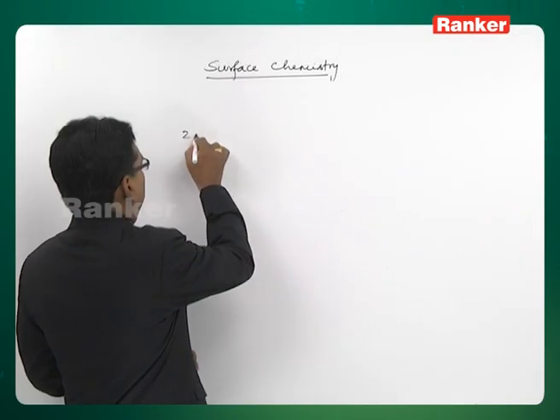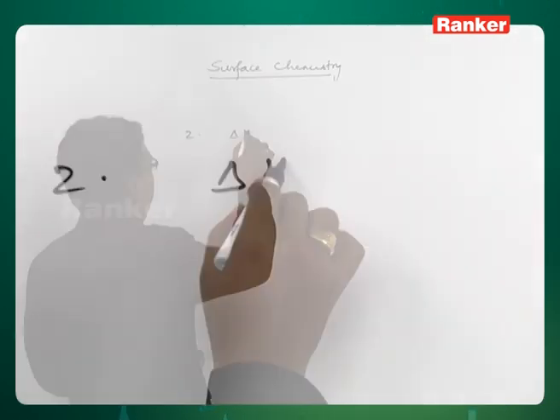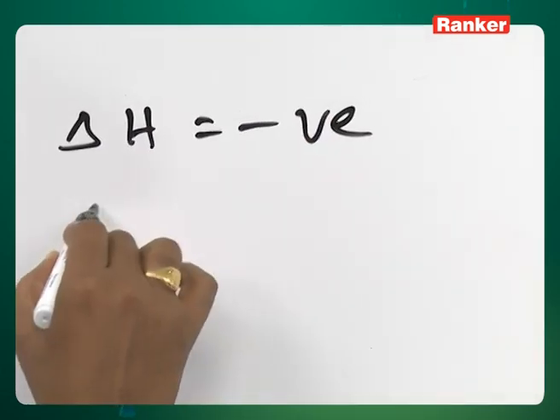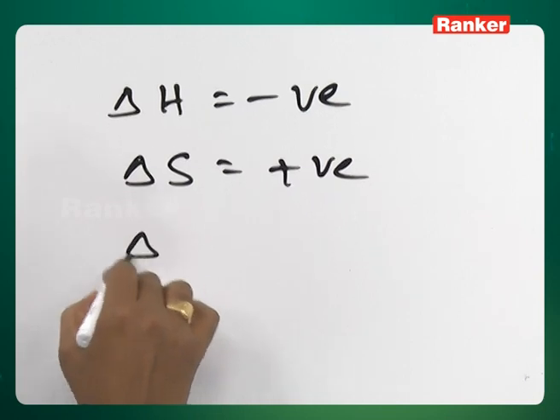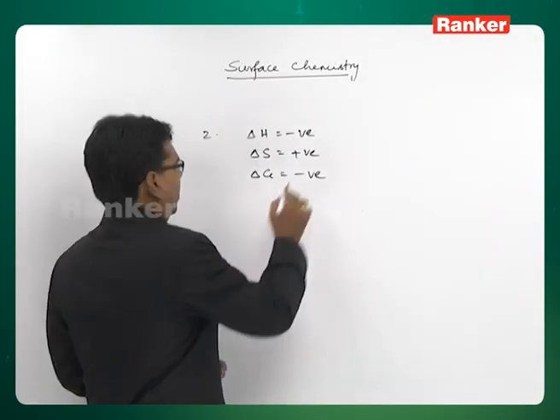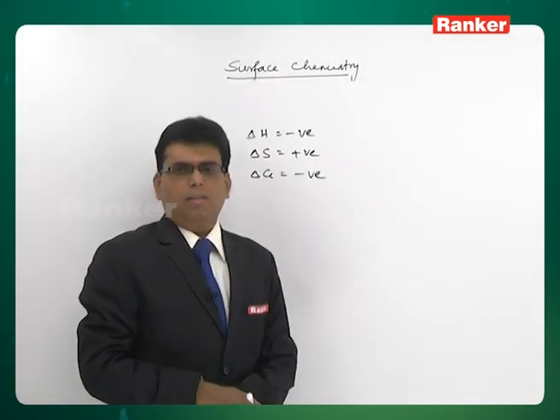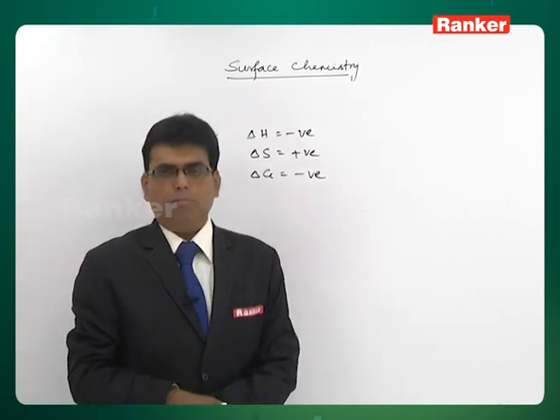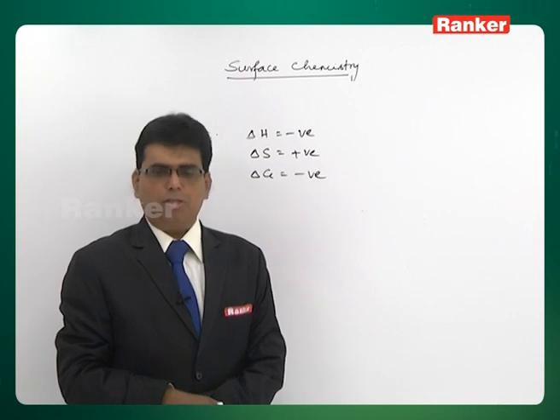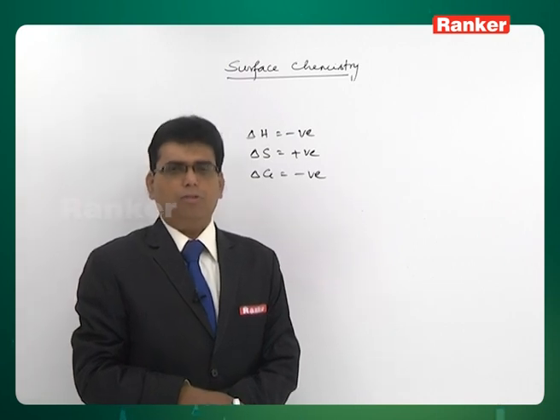For adsorption, the characteristics are that delta H is negative, delta S is negative and delta G is negative. The isoentropic process means the entropy change is 0, but entropy change is not 0 in the case of adsorption.